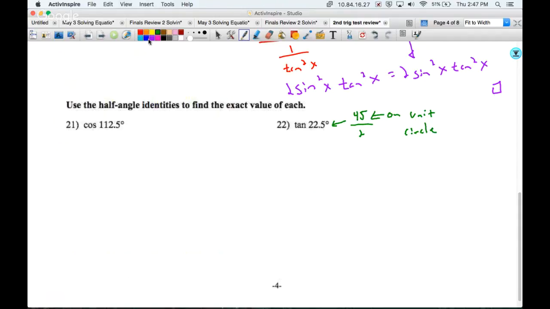So I want to rewrite this as the tangent of 45 over 2.